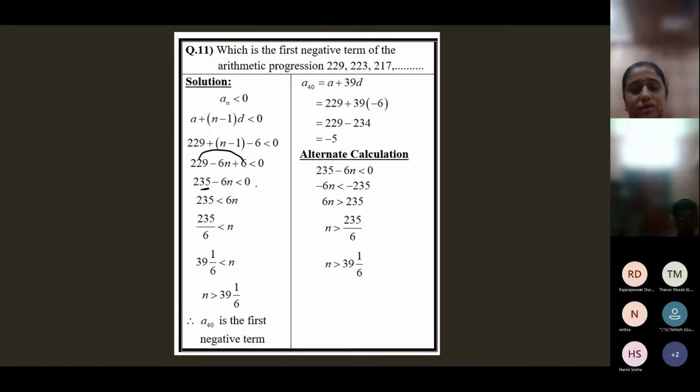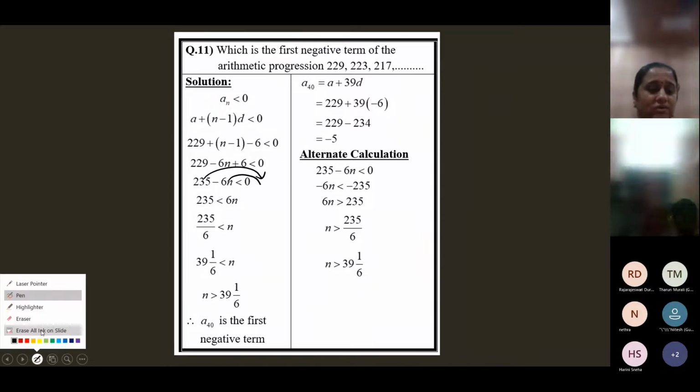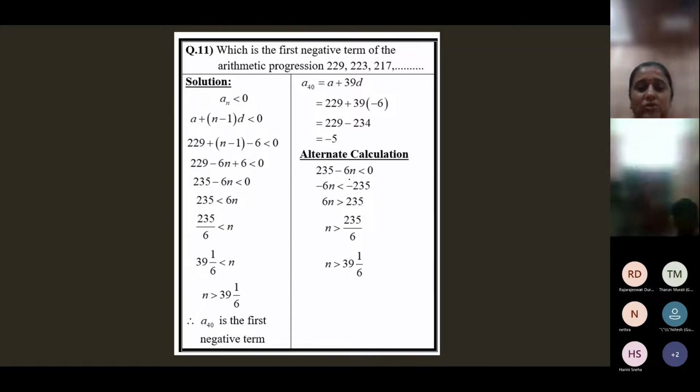Now transpose. I've done transposing in both ways, and I'll teach you. When you transpose 235, how do you work? When you transpose 6n, how do you work? I've done both. That's what is here, alternate calculation. So let's work this one first, because you're working with an inequality, not an equality. Less than, greater than, they're not equalities.